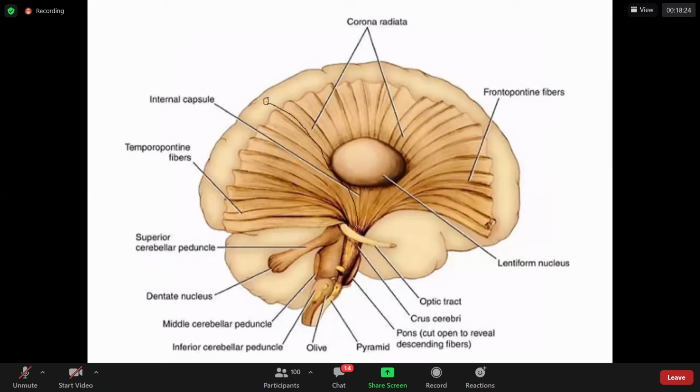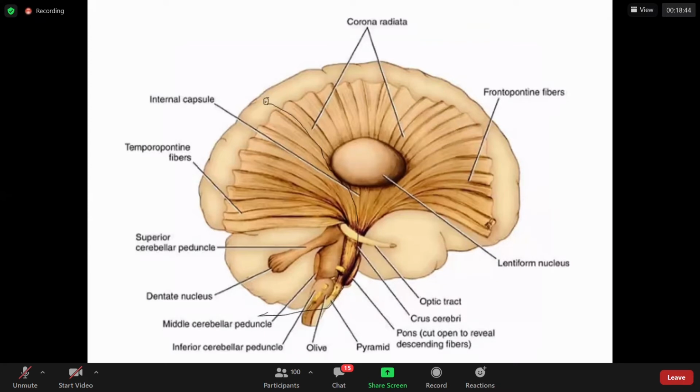Then they go through the internal capsule part. This now where I am is called internal capsule. Then is the midbrain, then is the pons, then is the medulla oblongata, and at the pyramid they cross to the opposite side. So now you can understand these same fibers, they are all continuous.